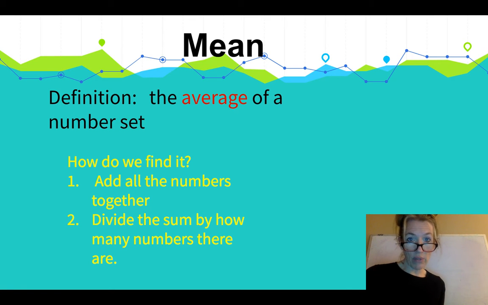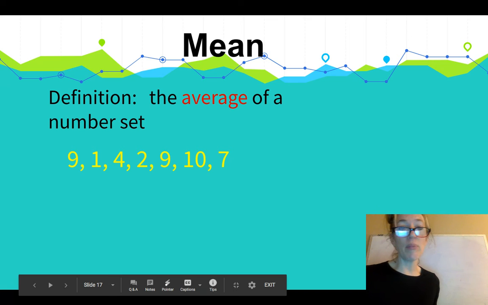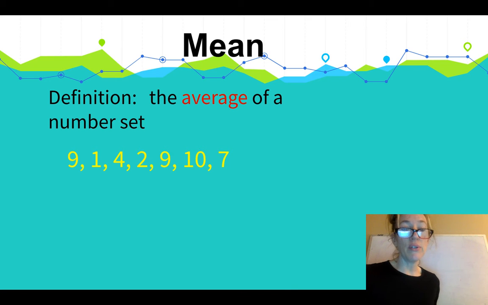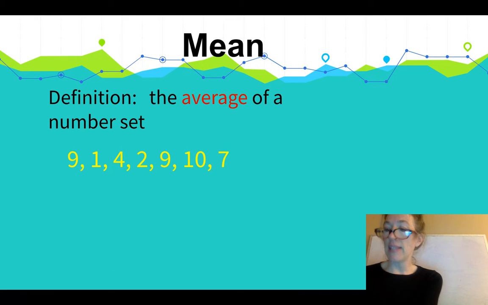Okay, so let me work an example with you. Example number 1 shows me 9, 1, 4, 2, 9, 10, and 7. For ease, I'm just going to use my board back here. So we are going to add all of these numbers together.